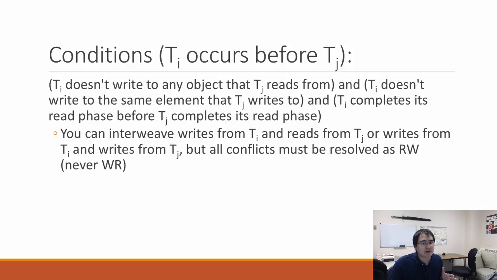Okay, so it starts with transaction I doesn't write to any object that transaction J reads from, just like the previous one. And transaction I doesn't write to the same element that transaction J writes to. So it means not only does transaction I not change things that J wants to read, transaction I also doesn't write things that transaction J wants to write to as well.